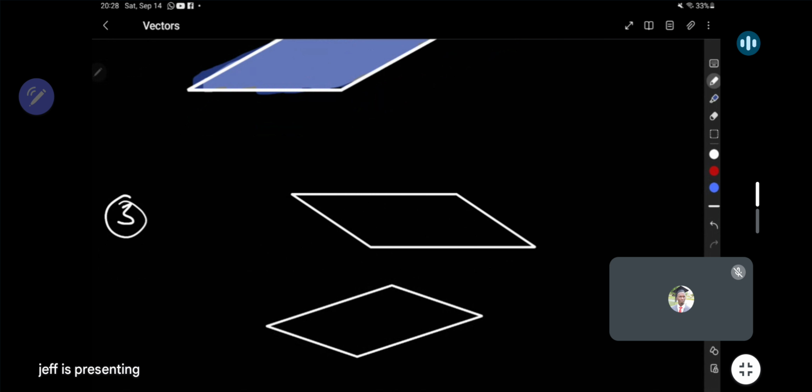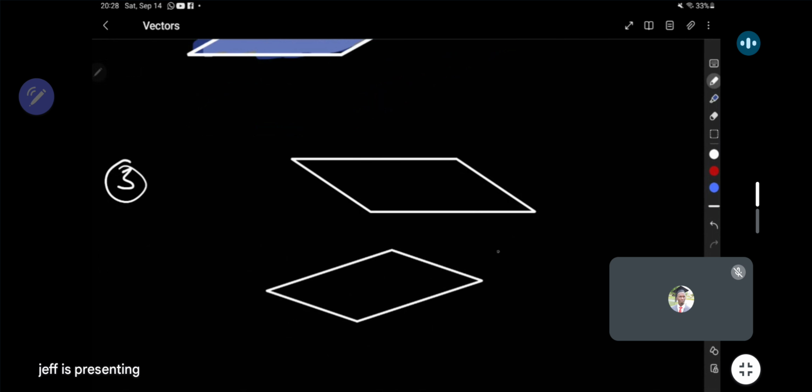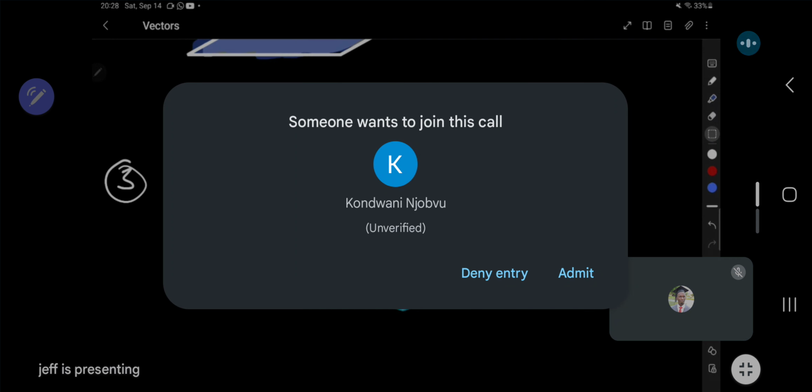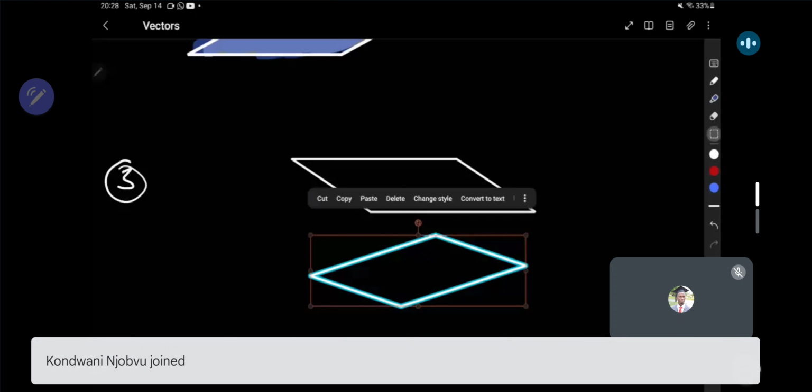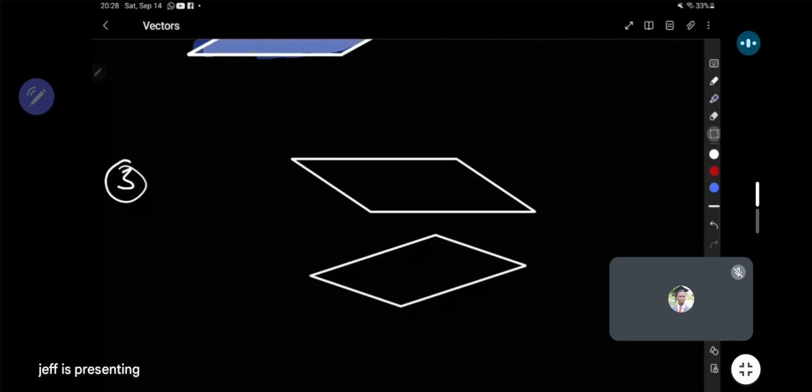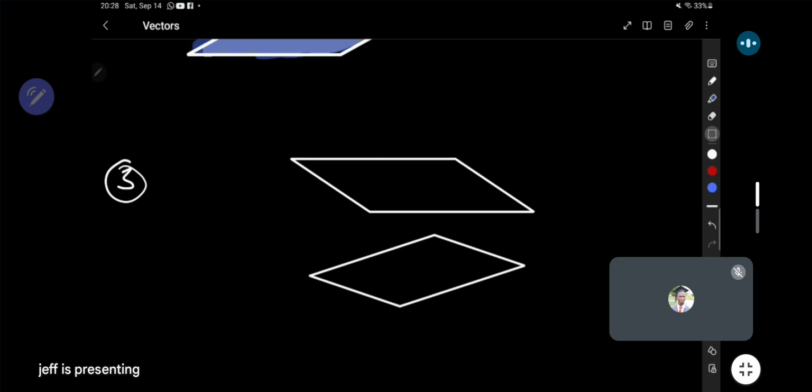But the two planes are parallel to each other. These can be very big planes, but basically the two planes are parallel, so in such a case, they will not have a point of intersection.